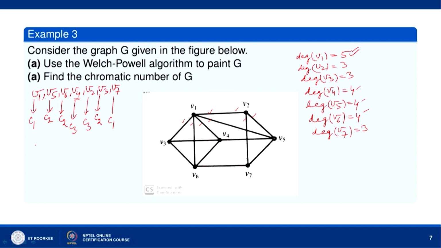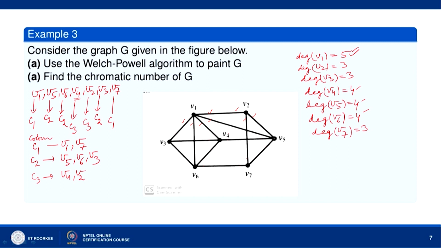Thus, the C1 color is used for painting the B1 and B7 vertices, the C2 color is used for coloring B5, B6 and B3, and the C3 color is used to color B4 and B2. So, 3 colors are required to paint this graph.